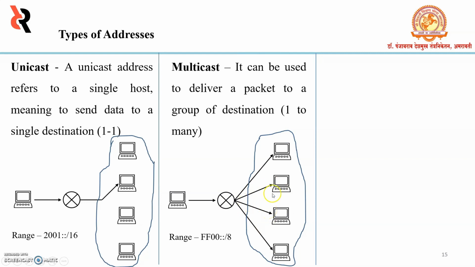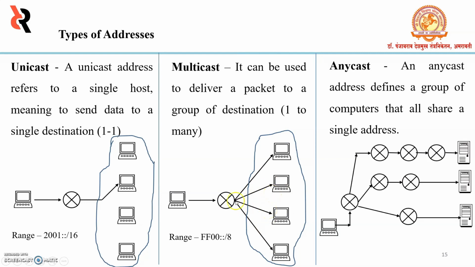And the most important one, that is Anycast, the last one. Just like multicast, it defines a group of computers that all share a single address. But the difference is that whenever this computer intends to transmit a data packet, it is not to every host.